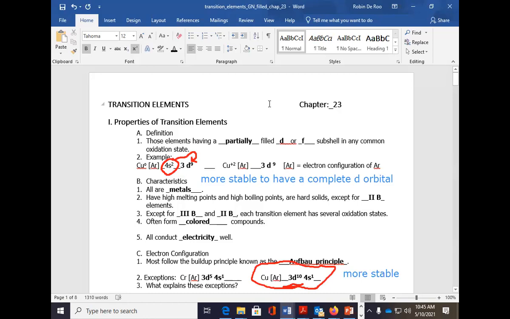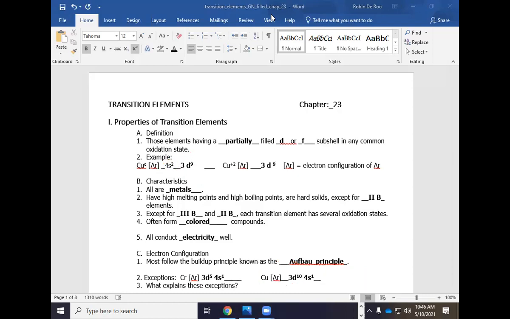Okay, so any other, did you guys get this copied down? Okay, so let me clear my doodles. Clear my screen. Okay.